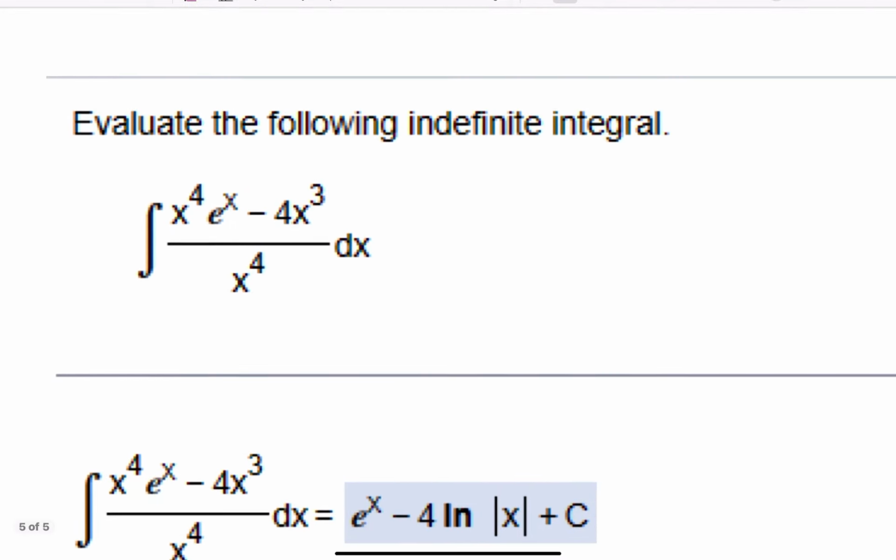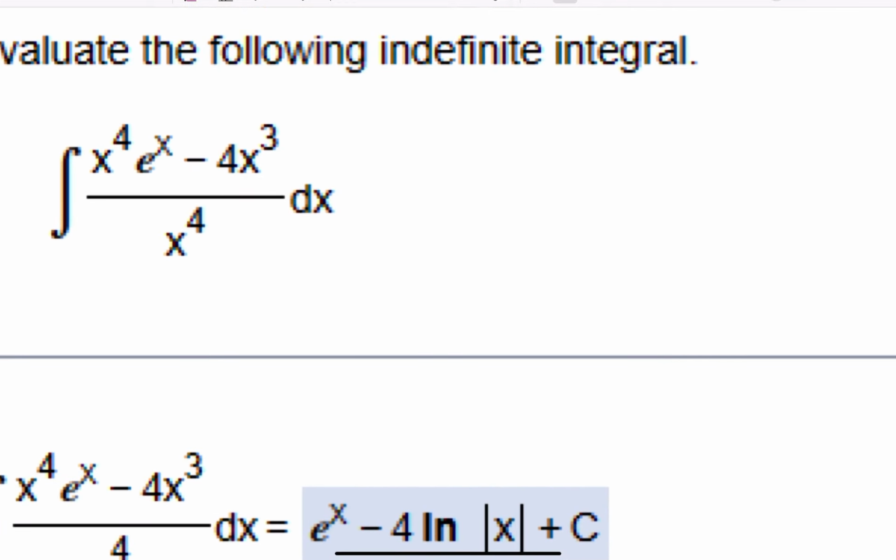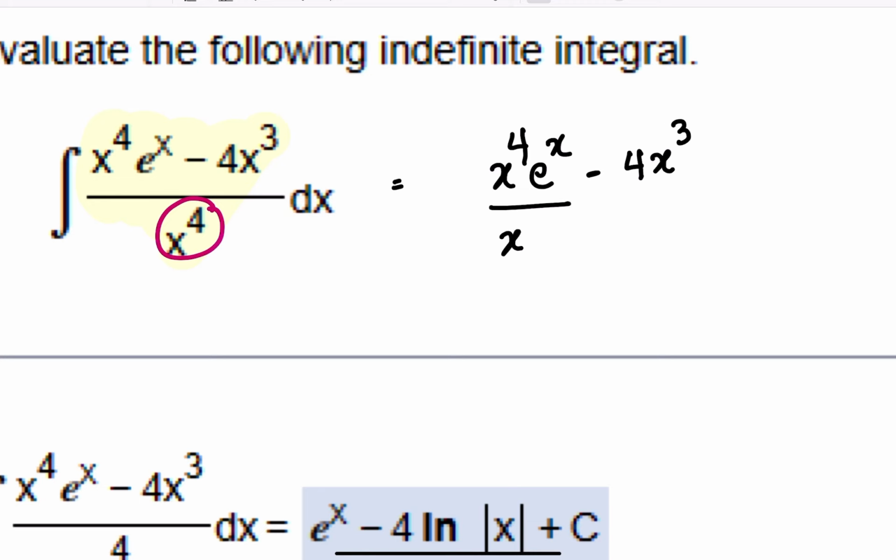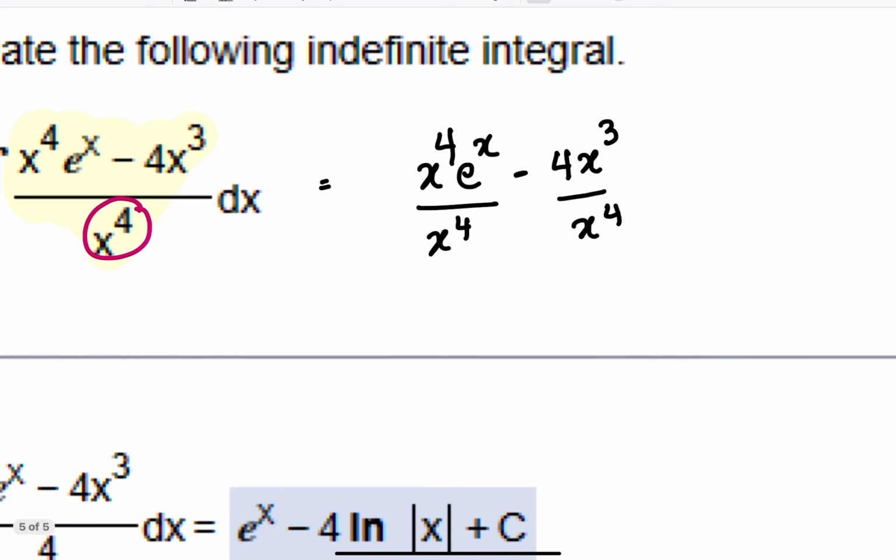For this problem, you know what I'm going to do. I do not like to work with quotients, like you know by now. So look what I'm going to do. I am just going to simplify this first, and then I'm going to integrate. So x to the power 4 e to the power x minus 4x cubed, I'm going to divide each term by x to the power 4. Please be patient, just 1 second and you'll see why. The x to the 4 cancels.